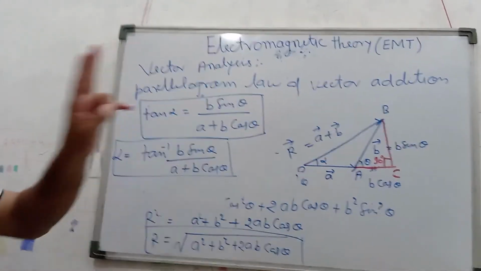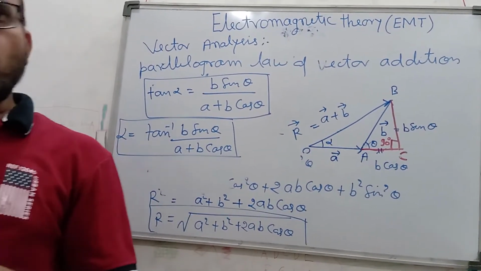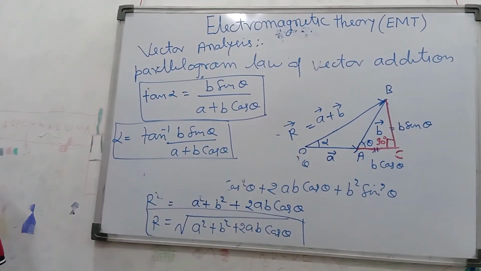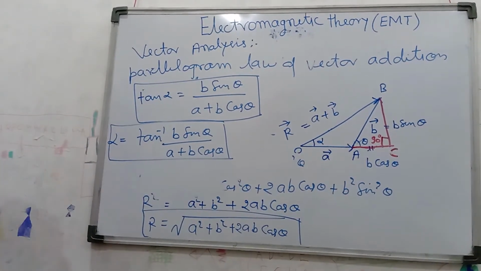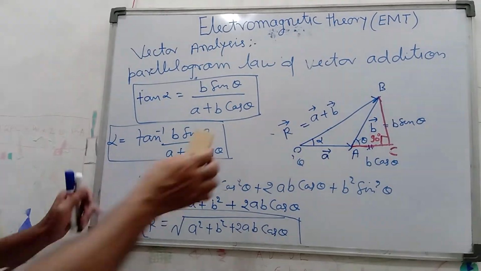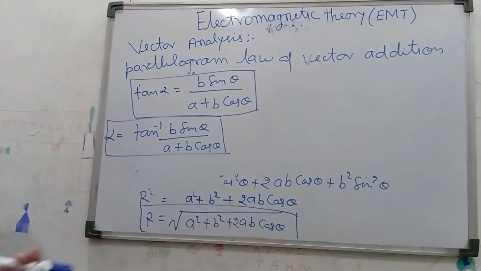Parallelogram means two vectors A and B are the adjacent sides of the parallelogram, and the diagonal represents the resultant of A and B vector.